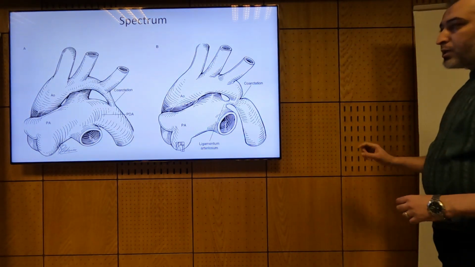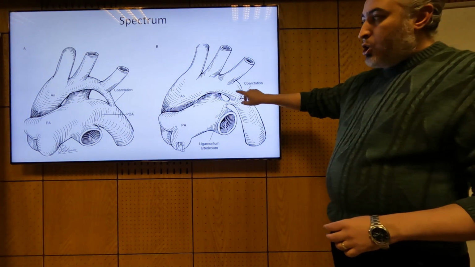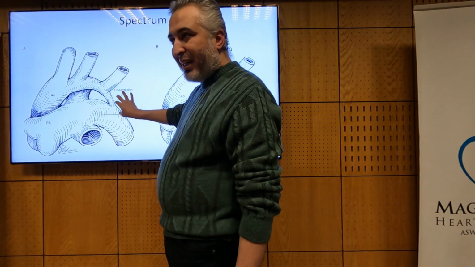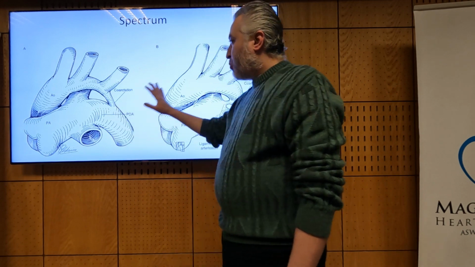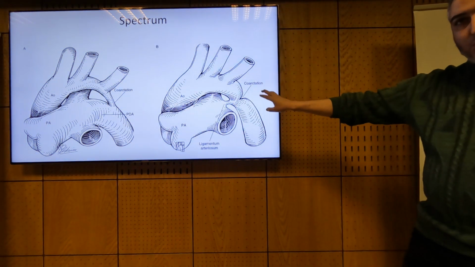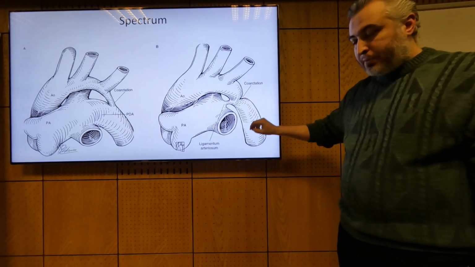On the other hand, other patients have very localized coarctation. They call that infantile coarctation, or preductal coarctation, as opposed to patients with localized coarctation called postductal or adult type coarctation.